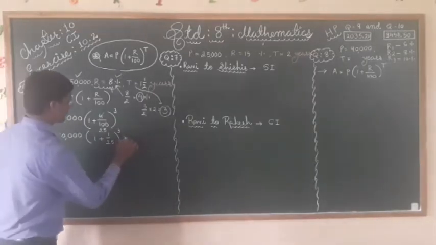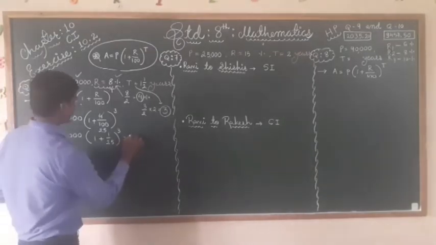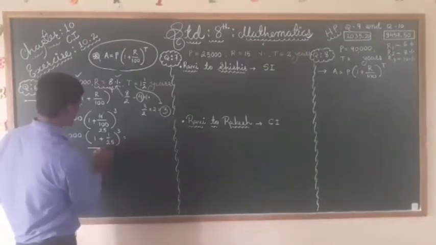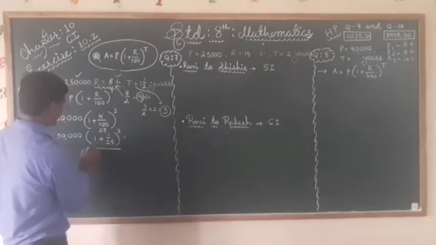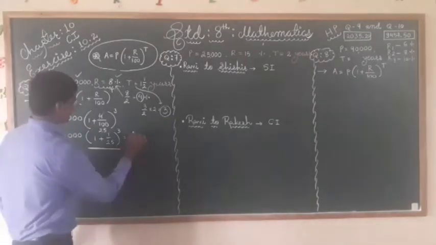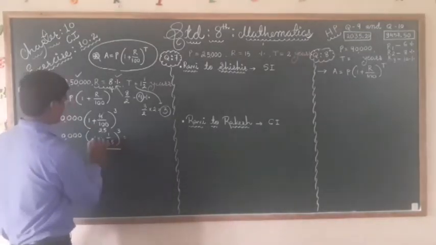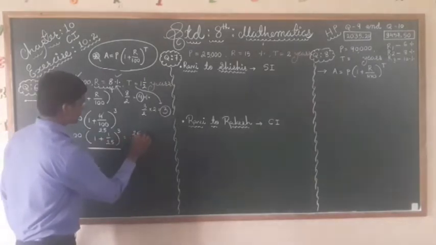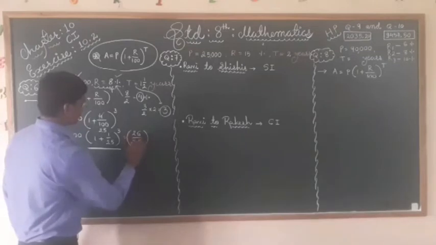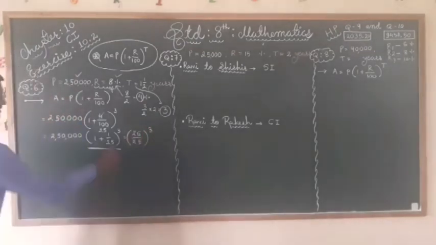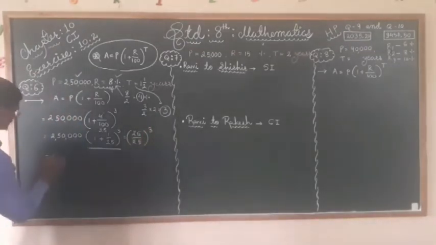Again we can go a further step. So 2,50,000, I am doing this simplification step only. Here 25 plus 1 is 26, so 26/25 whole cube 3. Okay, so now we continue.